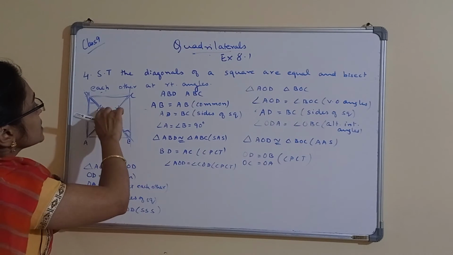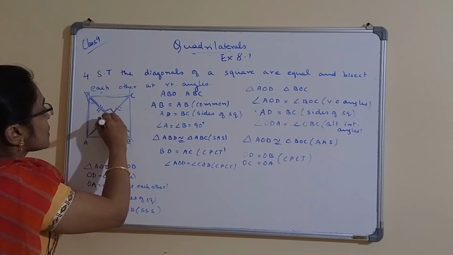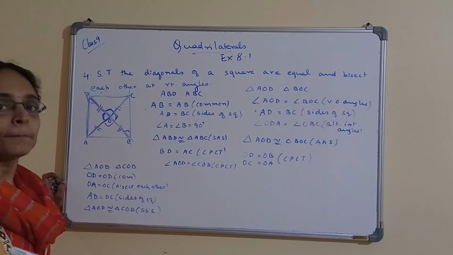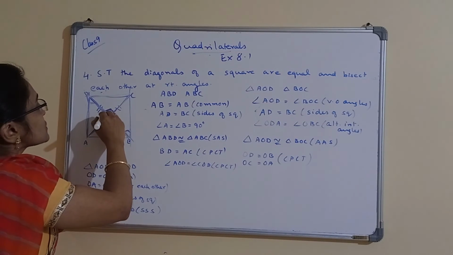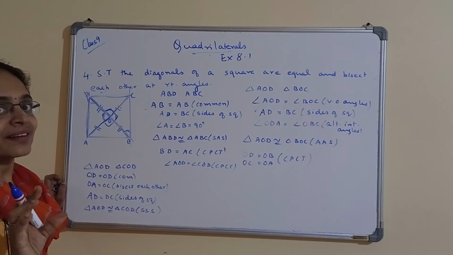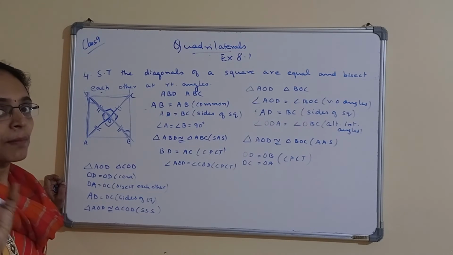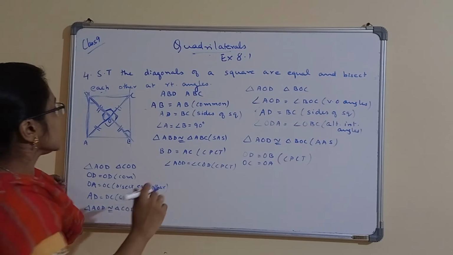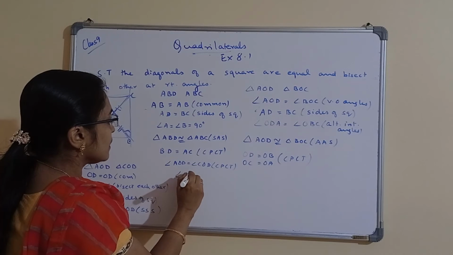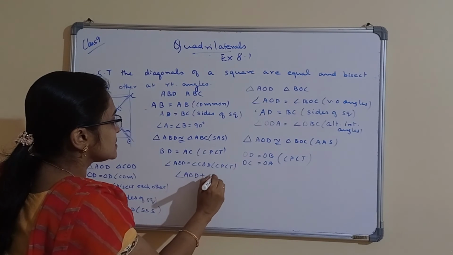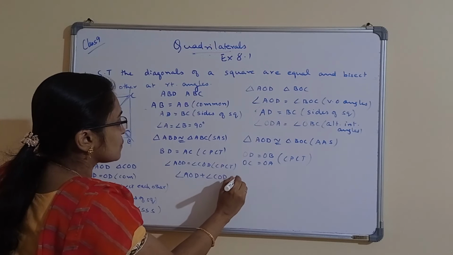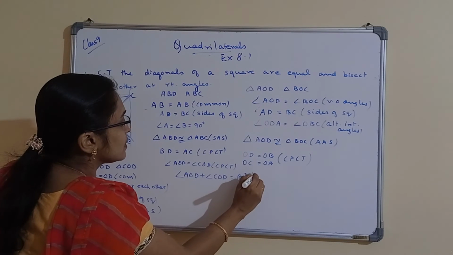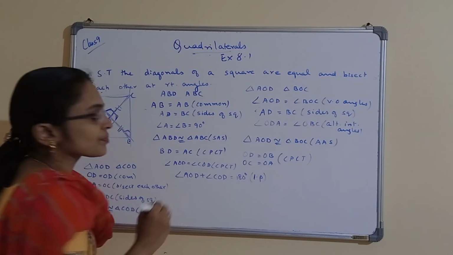But these two angles form a linear pair, so the sum is equal to 180 degrees. So angle AOD plus angle COD is equal to 180 degrees because they are a linear pair.